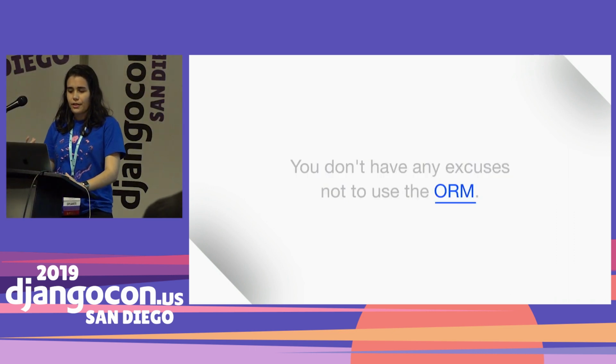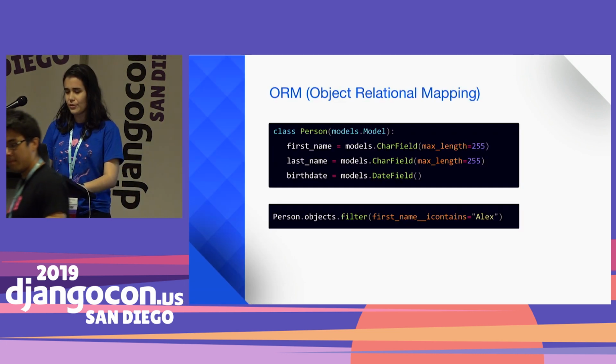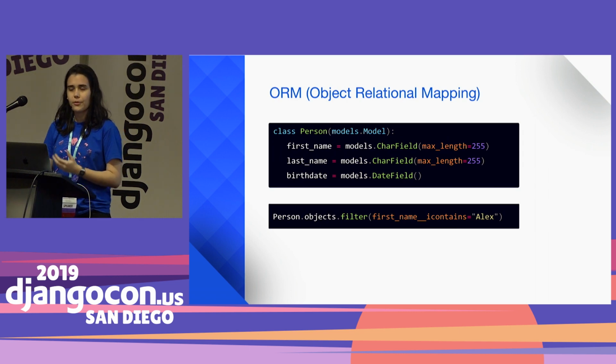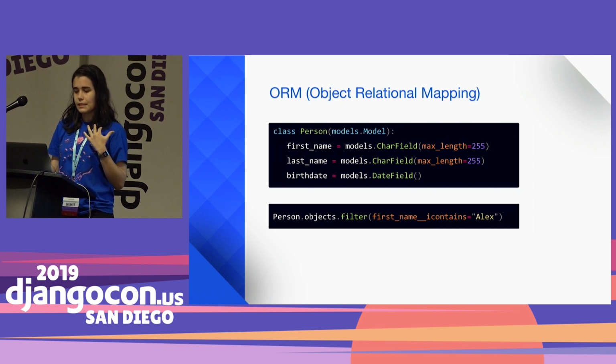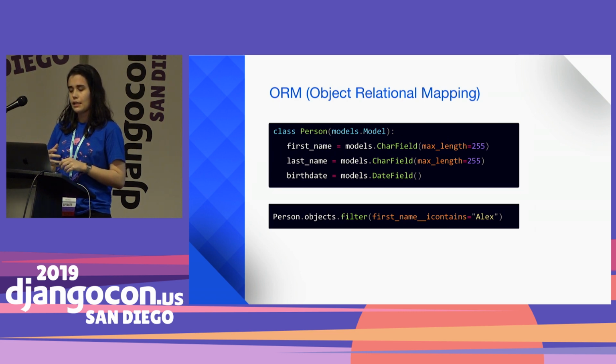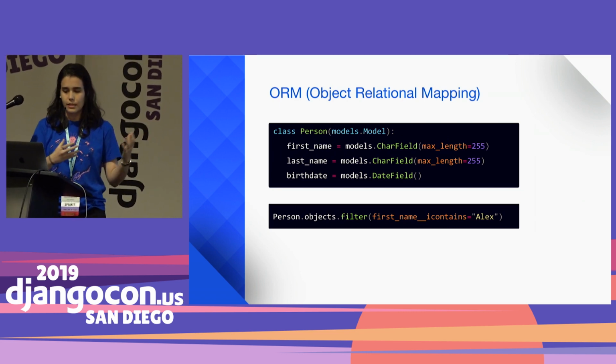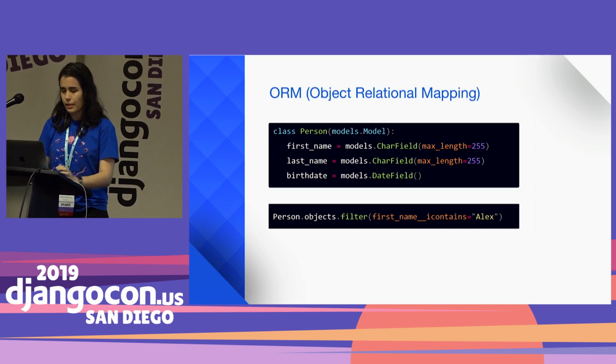But we can't start talking about query expressions without explaining what the ORM is, this powerful tool. As you may know, in Django we have the ORM, the object relational mapping. And for those who don't know, in a few words, it's a tool to translate our, most of the time, relational database dialect into Pythonic objects, named models, so they become more readable and manipulable.